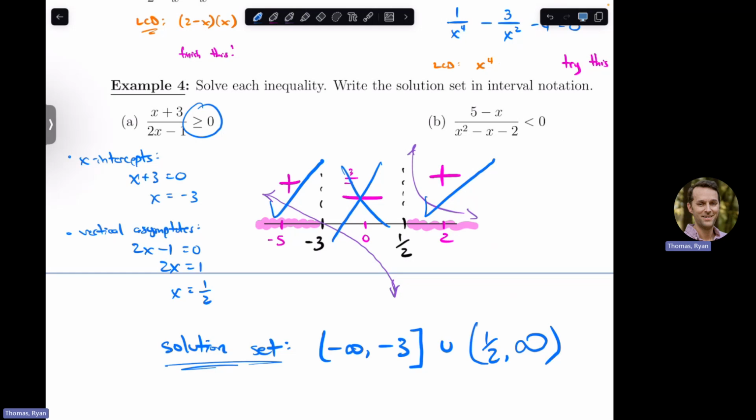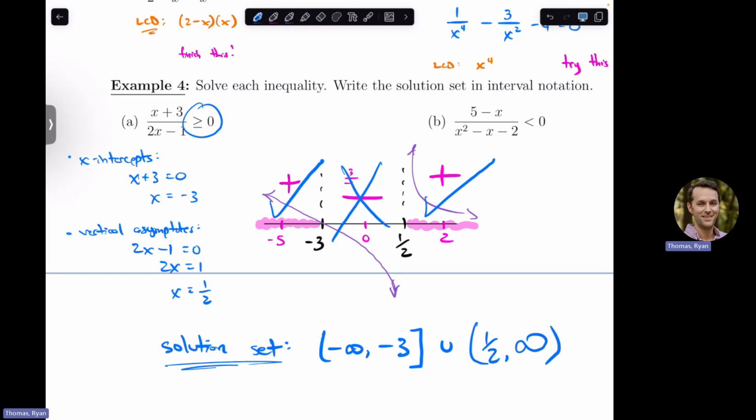Okay, so let's recap. We need to know where the inequality is true, as usual. That means finding the x-intercepts because we're comparing to 0. And then vertical asymptotes, because anything can happen on either side of a vertical asymptote. You've seen functions at this point in homework that do that around a vertical asymptote.